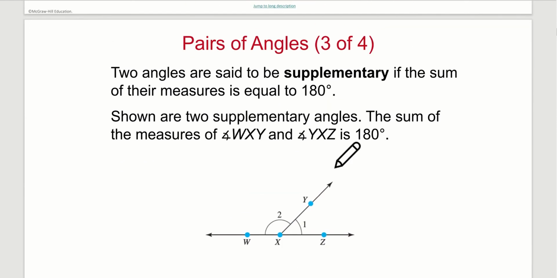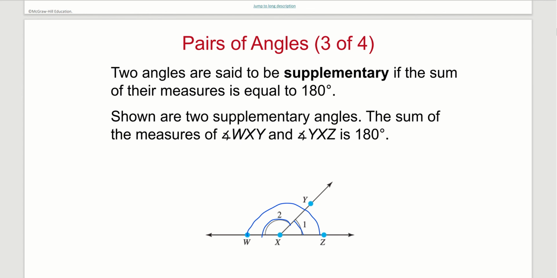We have a similar definition. If a pair of angles measures to 180 degrees, then they're referred to as supplementary angles. In this picture, we see that the measure of angle 1 plus the measure of angle 2 would create the straight angle WXZ, which measures 180 degrees. So we would say that angle 1 and angle 2 are supplementary.